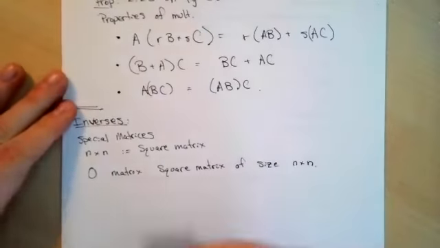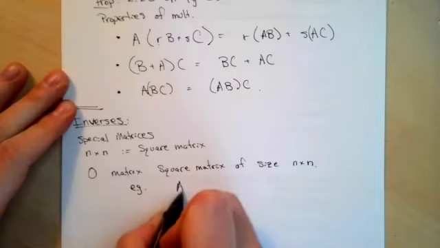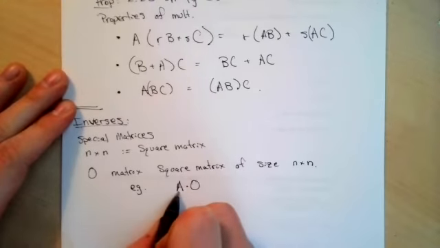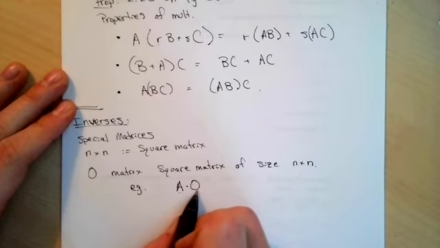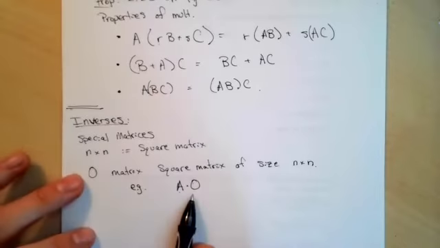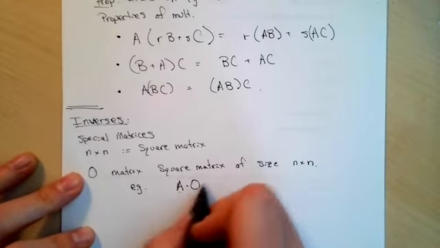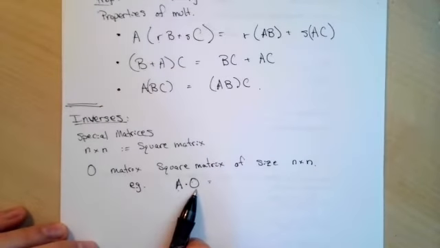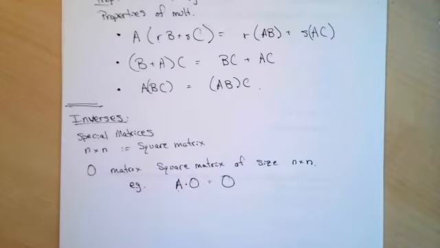So for example, if we have some matrix A and I write A times 0, whatever the size of matrix A is, if it's 4 by 5, then it's implied that this 0 is a 5 by 5 matrix of all zeros. And you can check that if I have a matrix, no matter what the entries are, if I multiply it by a matrix with all zeros, we are going to get a 0 matrix back.